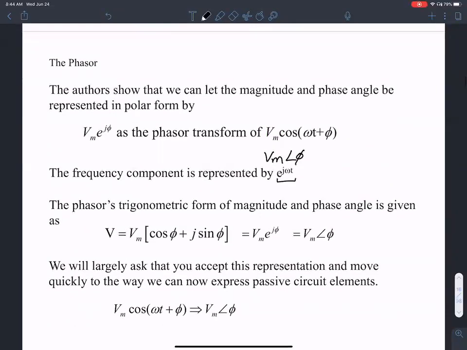So the phasor's trigonometric form of magnitude and phase angle is given like this. If I have Vm cos of omega t plus phi, it's represented as Vm e to the j phi, which is the phasor form, Vm angle phi.